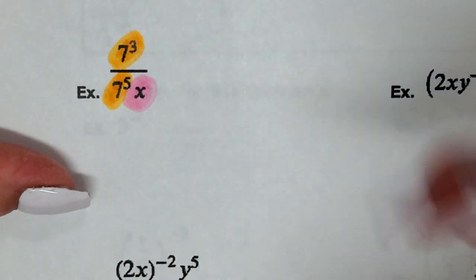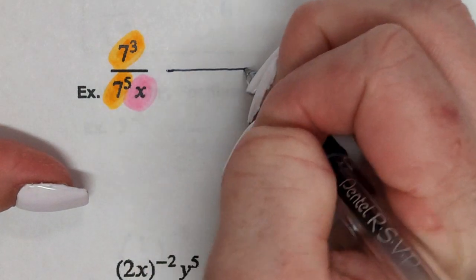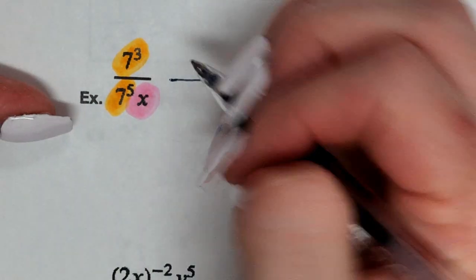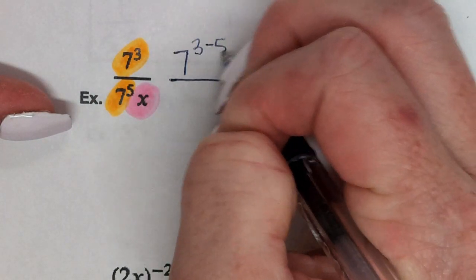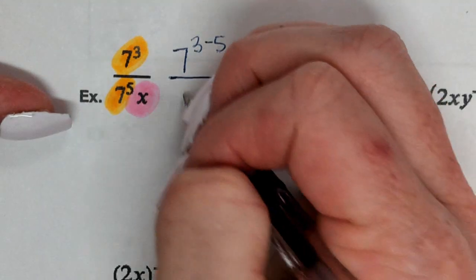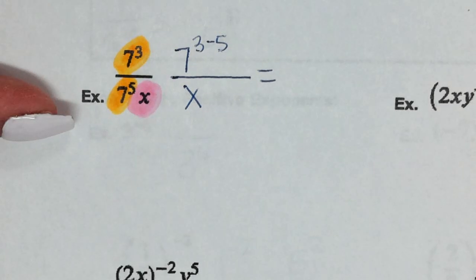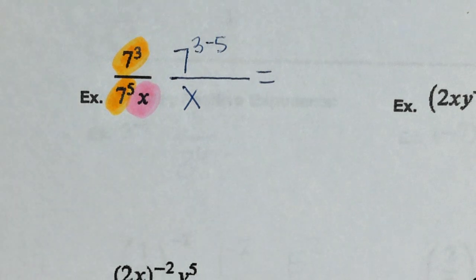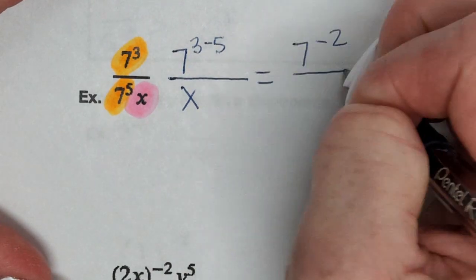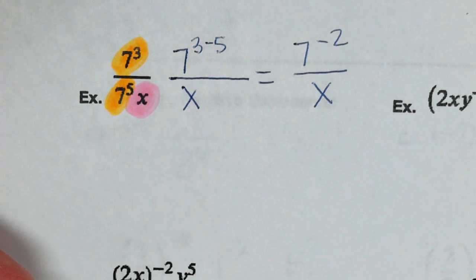To show my work, I draw a fraction bar, and I put everything on the top that I can combine. So 7 to the 3 minus 5, where is the x going to stay? Okay, then I go like this, equals, and I solve what I just did. 3 minus 5 is negative 2, so 7 to the negative 2 over x.